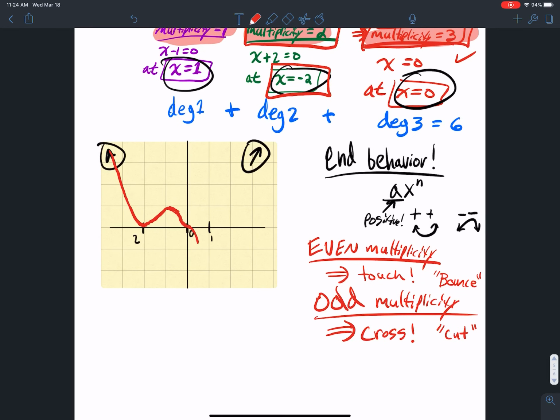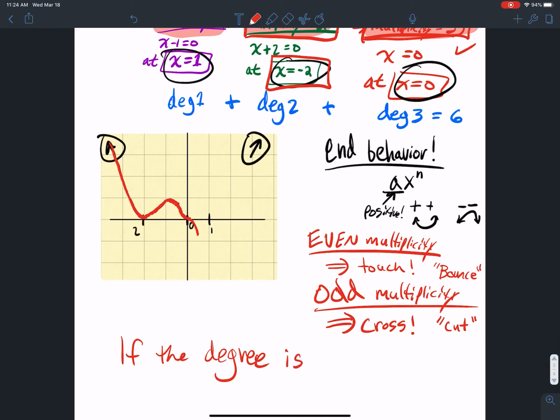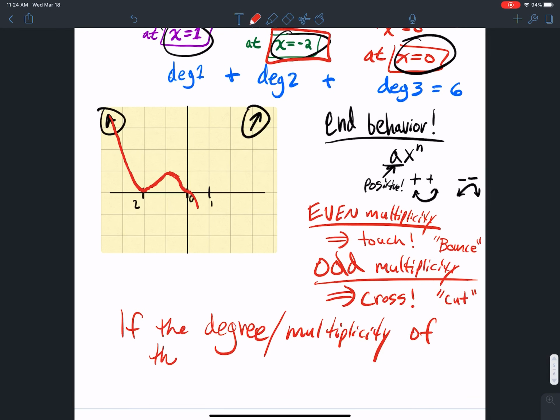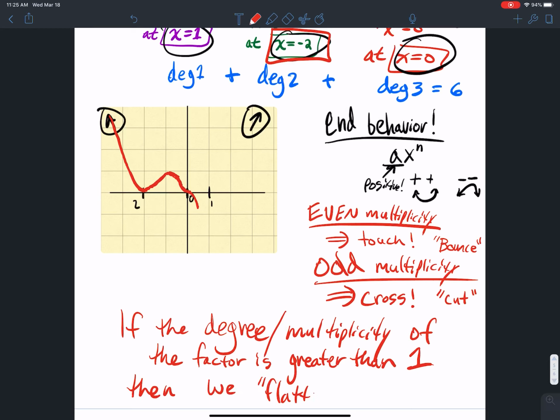Why do I cut through at a little bend? For odd multiplicity, or even, if the degree slash multiplicity of the factor is greater than 1, then we flatten out.